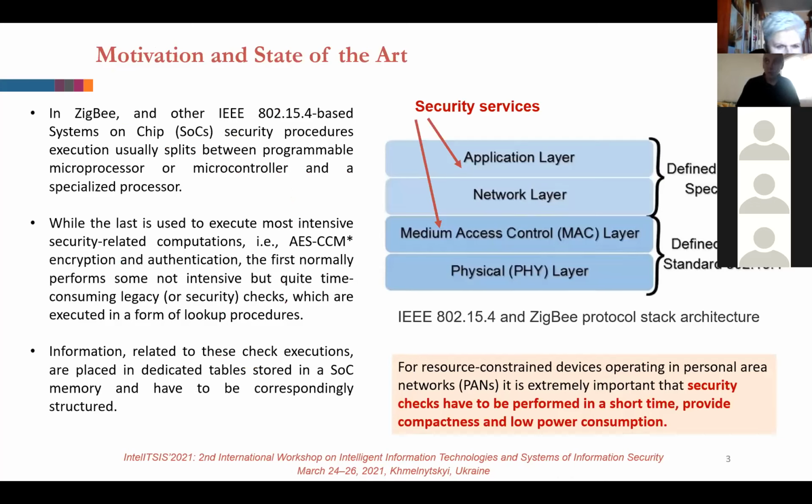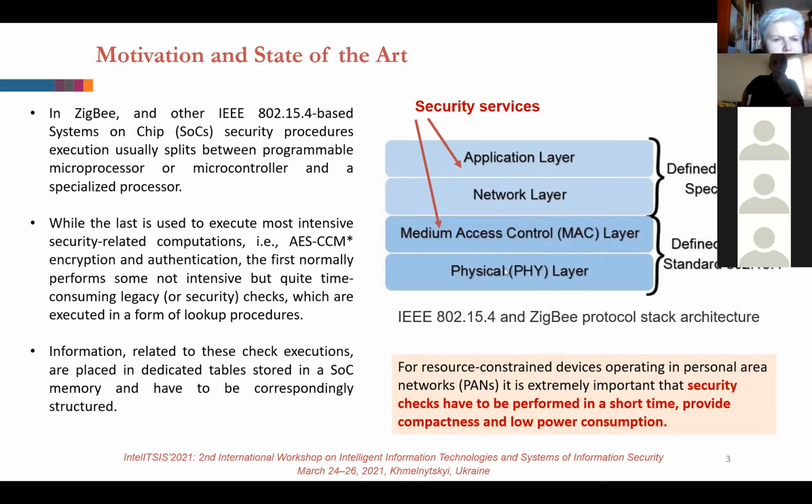As you can see here, there is an IEEE standard which defines the MAC and physical layers of the wireless personal area networks protocol stack. Security services are provided on the MAC layer and on the application layer. For the MAC layer, the security services are defined in the standard IEEE 802.15.4.